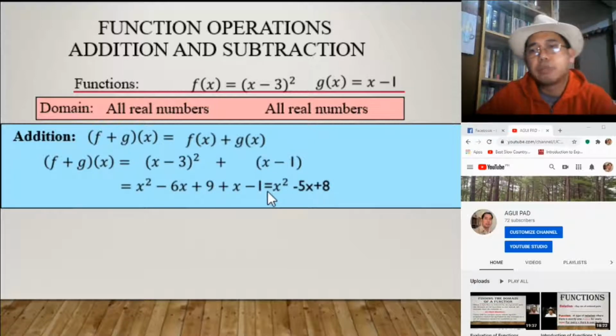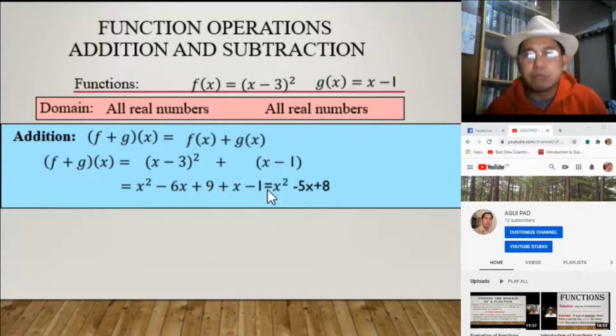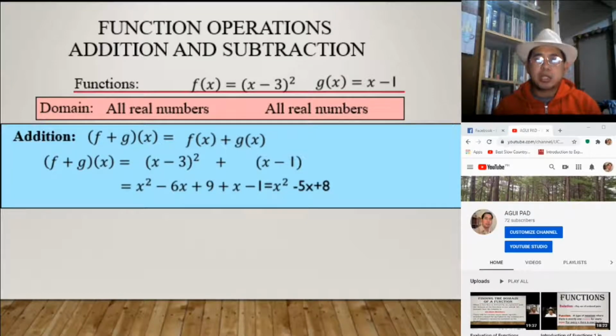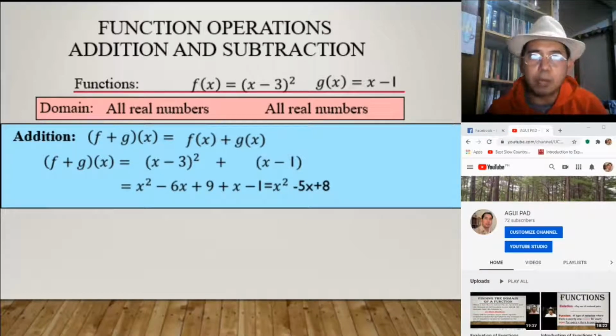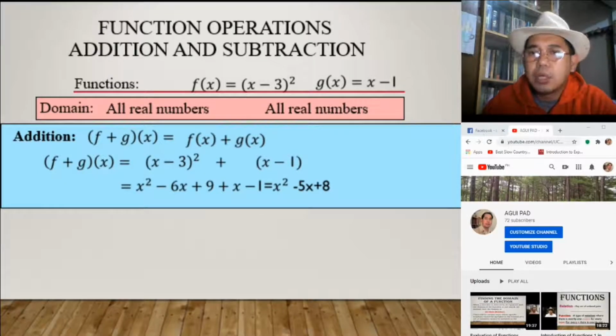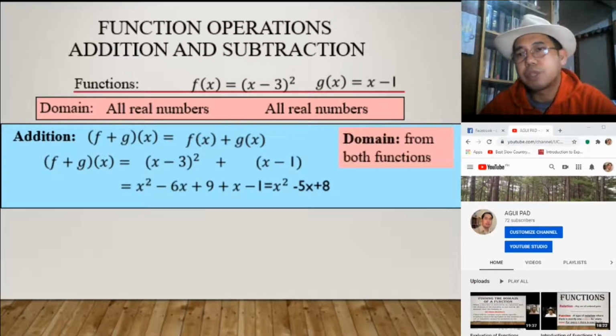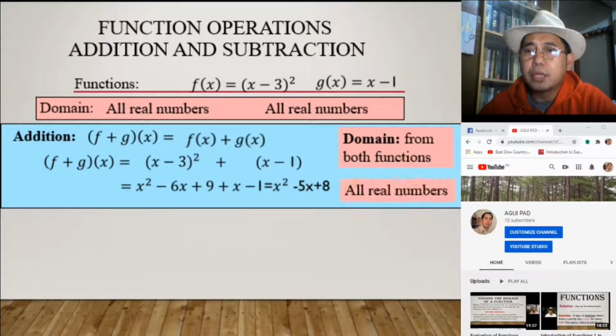So the final result will be x raised to 2 minus 5x plus 8. So that is how to add functions. Again, the domain of the functions when combined is all real numbers.